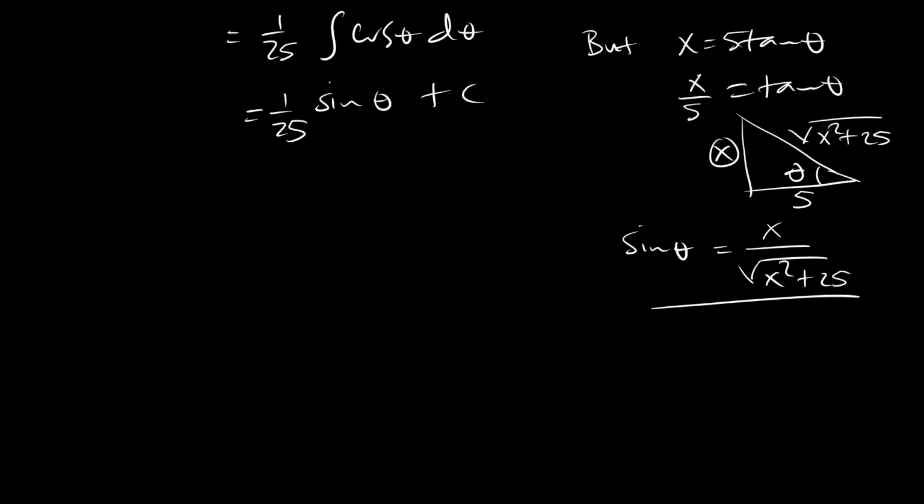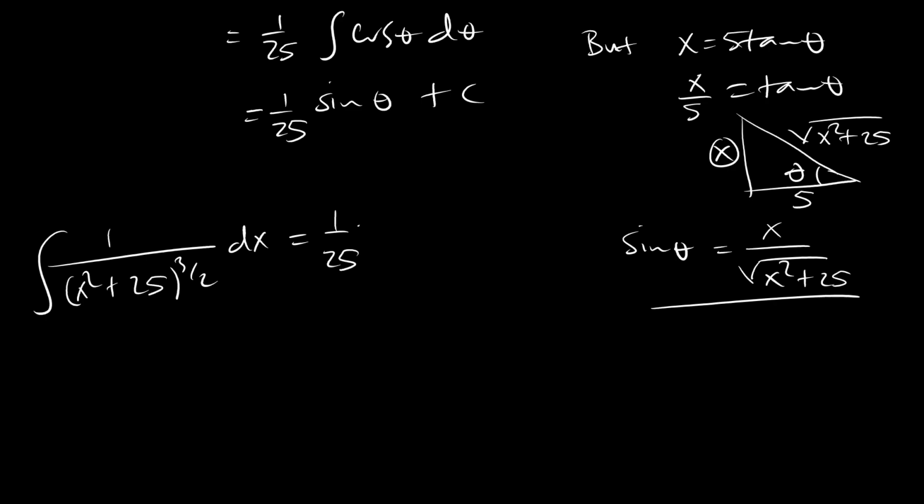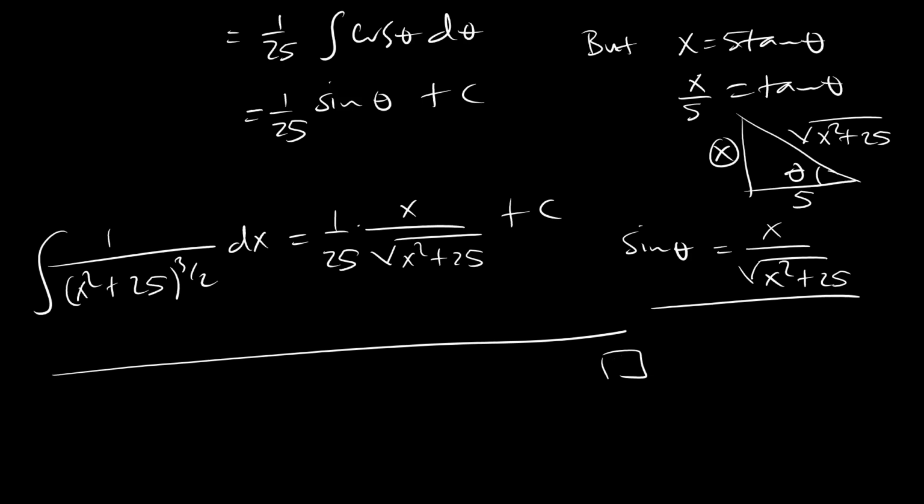So in other words, our problem, 1 over x squared plus 25 to the power 3 over 2, becomes 1 over 25 times x over square root of x squared plus 25 plus c. And that is our answer.